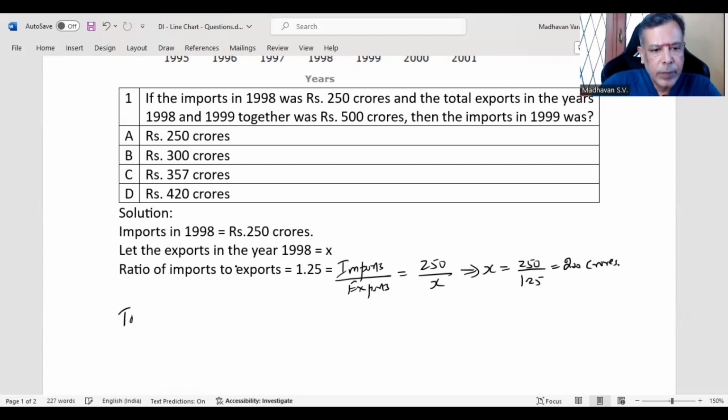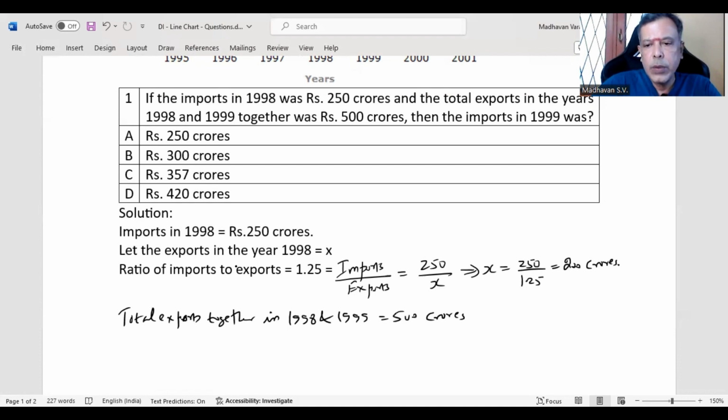Now they say the total exports in the years 1998 and 1999 together is given as 500 crores.